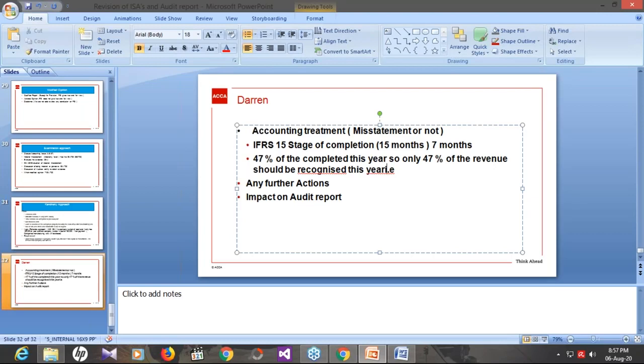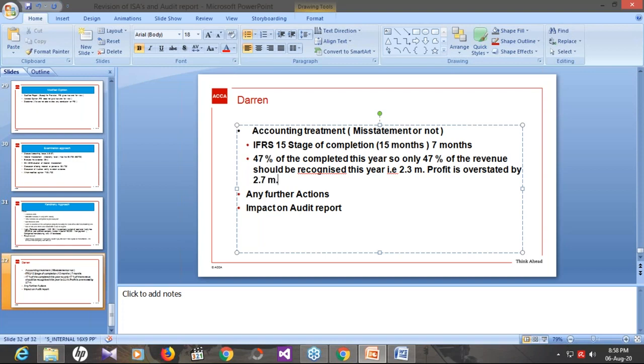That is, only 2.3 million should have been recognized for this year. But as they have recognized the whole 5 million, it means that profit is overstated by the remaining amount, that is 2.7 million.